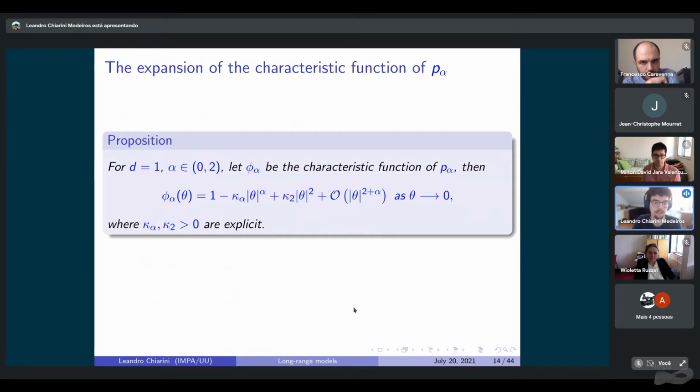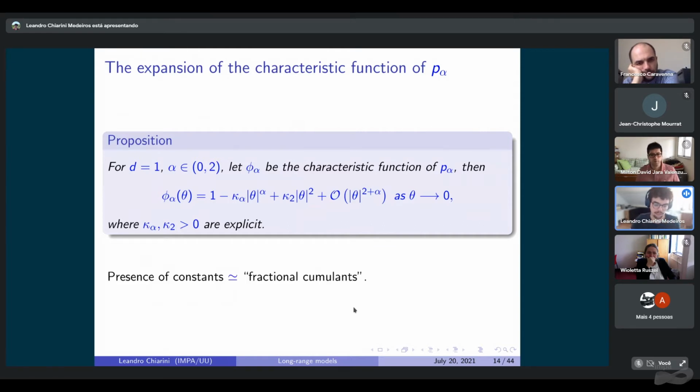And this is one of the points that is tricky to do for any dimension. We do expect the results to hold for further dimensions, but there is no clear way of obtaining this characteristic expansion for any dimension. We believe we can do dimension 2 or 3, but it's tricky for dimensions higher than that, because we depend on some numerical computations as well.